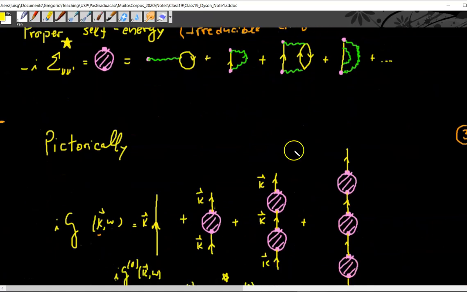And connecting two diagrams, say a second order reducible diagram here and a first order there, I'll get a third order diagram, and so on and so forth.